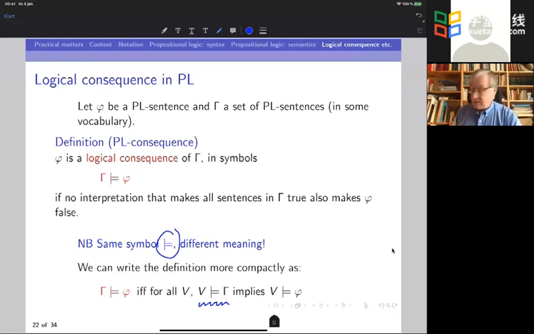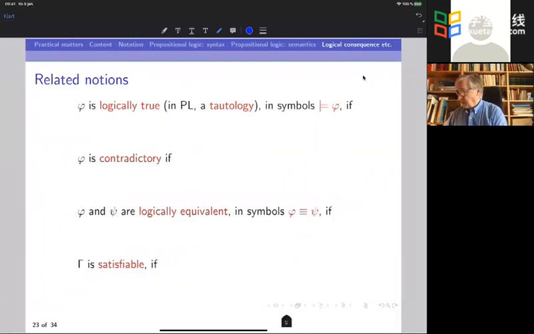There are some other related notions, and they're on this page. So we say that a sentence is logically true, or a tautology, and we write it turnstile phi with nothing to the left. And what does that mean? Well, I think you know what it means.